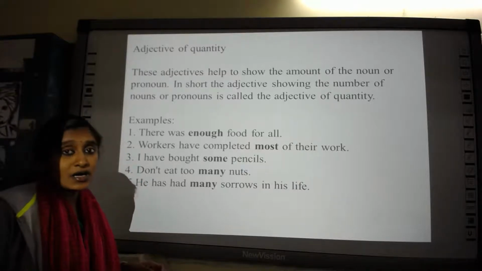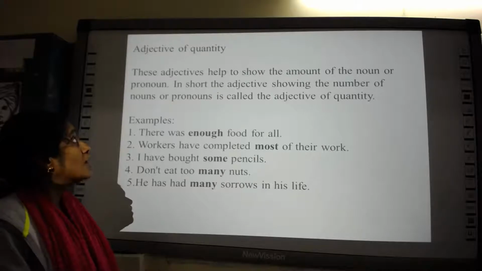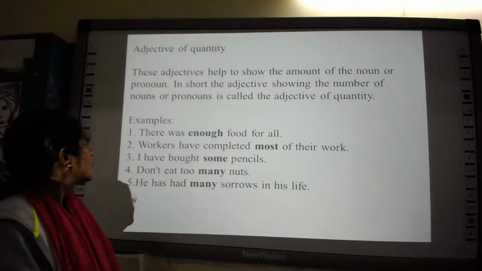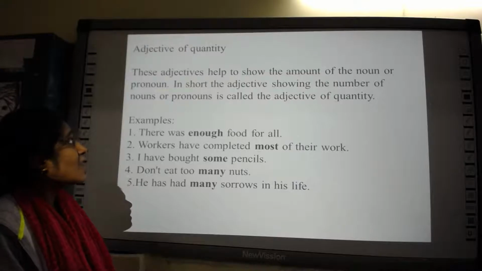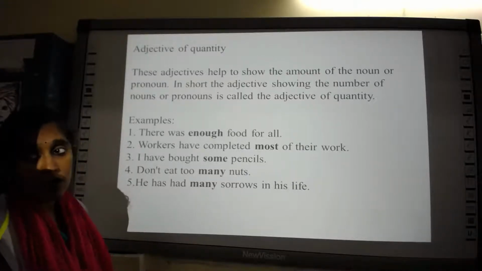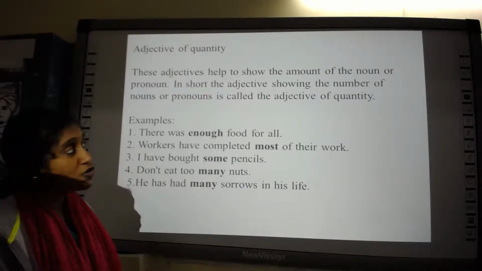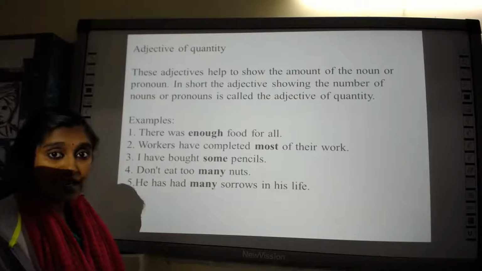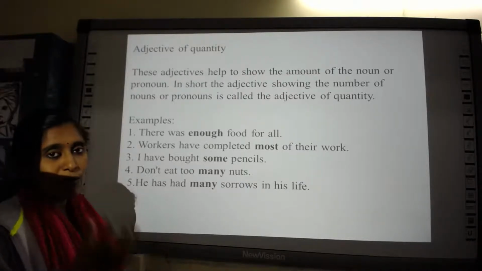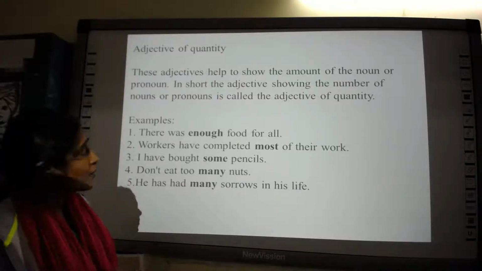Now moving on to the third one, that is the adjective of quantity. These adjectives help to show the amount of the noun or pronoun. From the very word quantity, we can understand that it shows the amount, the quantity of the noun or a pronoun.